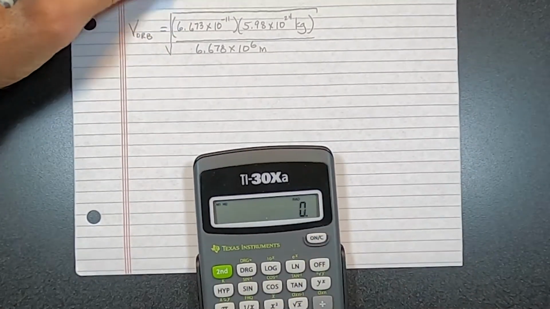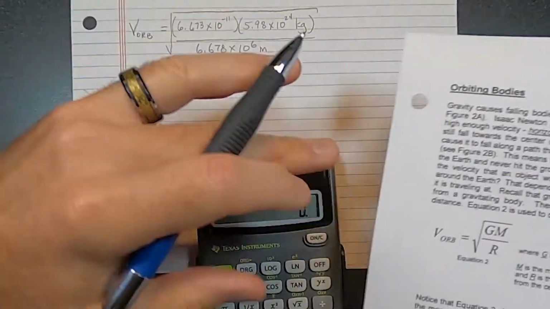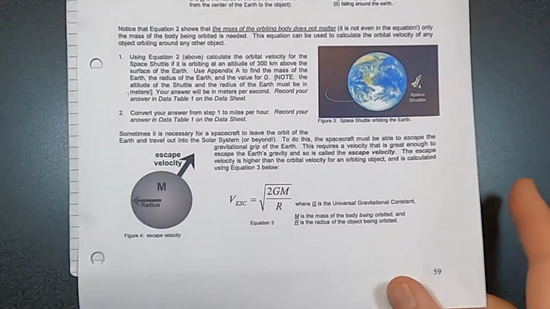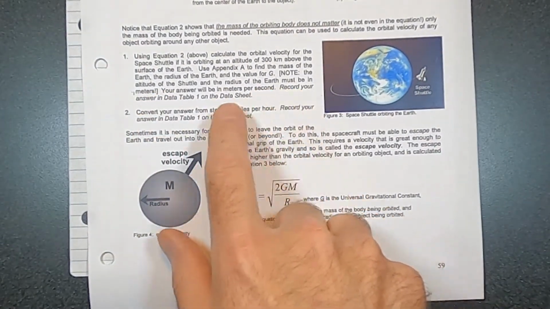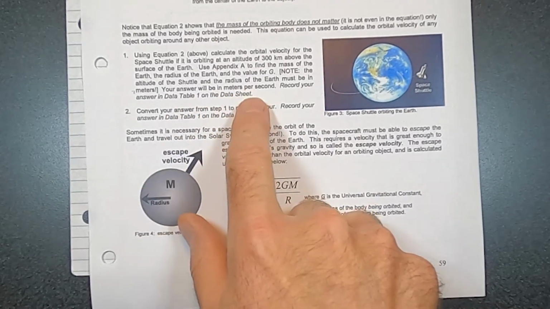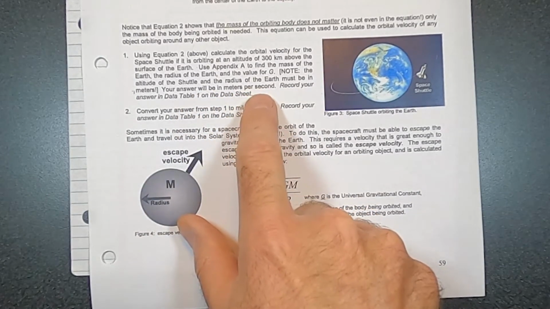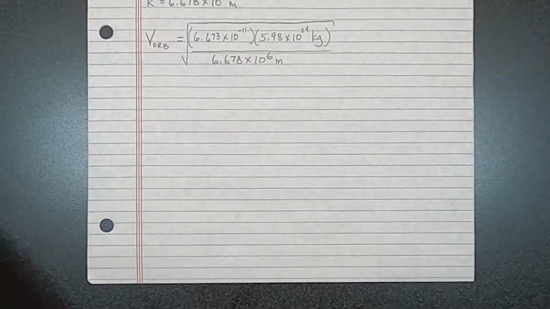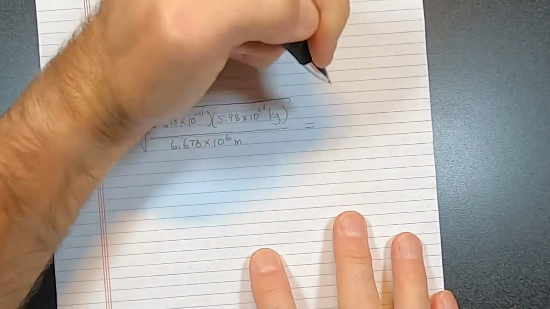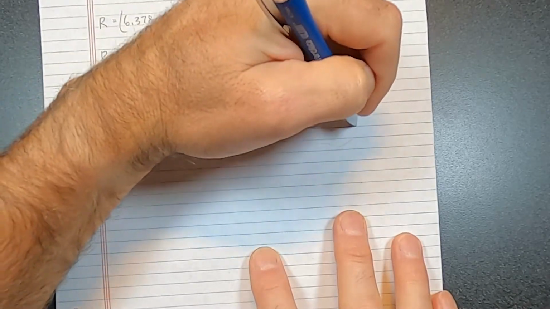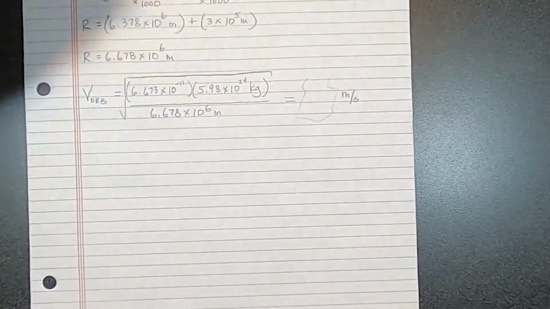Now, when you get your answer, it says that your answer will be in meters per second. So your answer is going to be something, in meters per second.